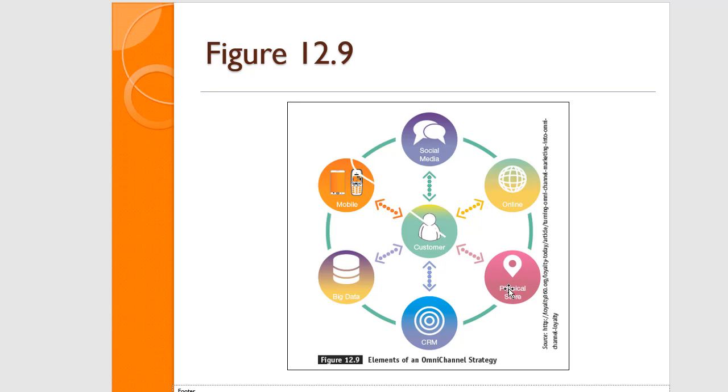You have the physical store that they can go to. You have a customer resource management program that's tracking their habits, their purchases, any other information that might give us insight into how this customer might react to our product or service. And we're using lots of data from all over the place that will help us influence this customer. And so it's everything together, and that's what we mean by this omni-channel.